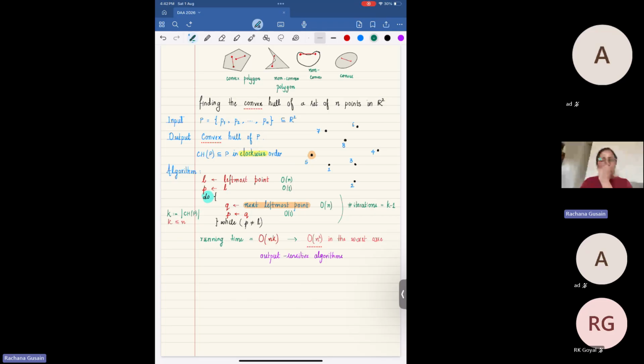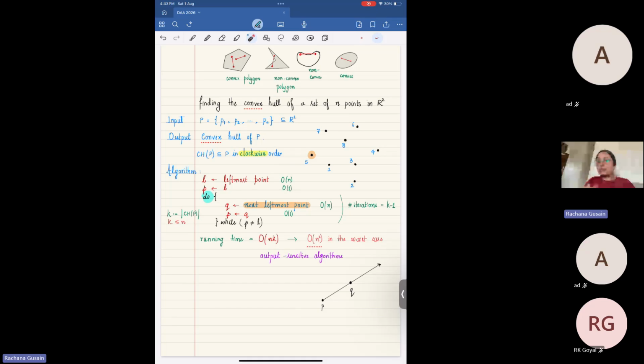Let's say I have 2 points, P and Q. I can connect them with a line which starts at P and then goes through Q. And there is a third point R. Think of it like this: you have 2 points, which will be connected by a line.